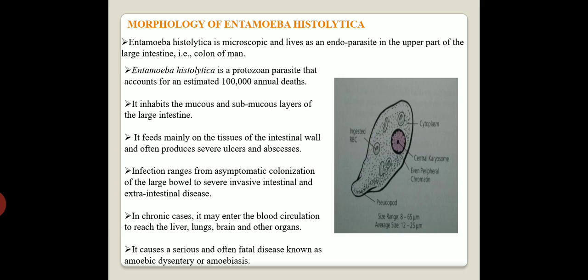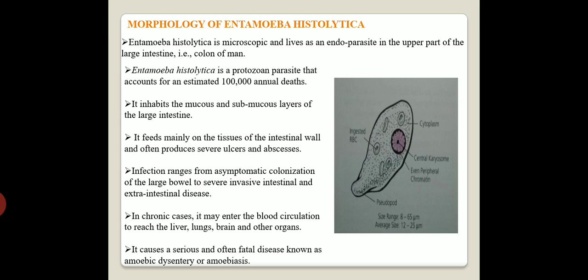Entamoeba histolytica accounts for an estimated 1 lakh annual deaths. It inhabits the mucus and submucous layer of the large intestine. It feeds mainly on the tissue of the intestinal wall and often produces severe ulcers and abscesses.